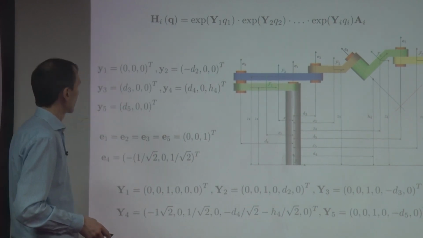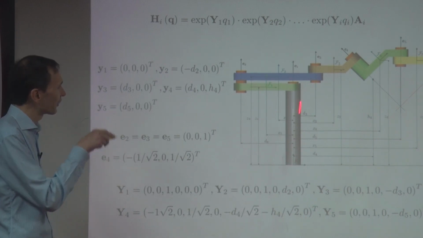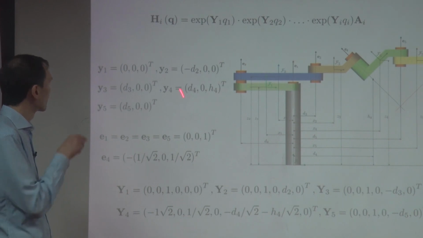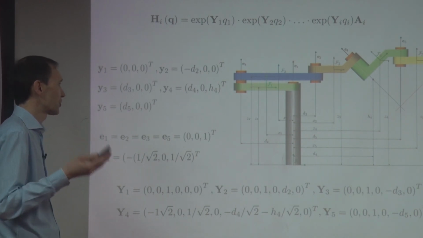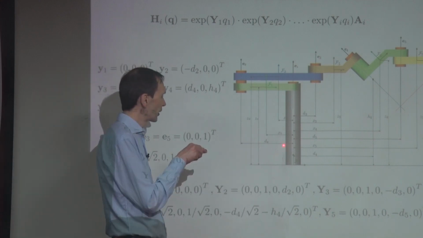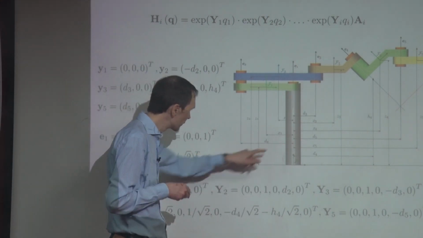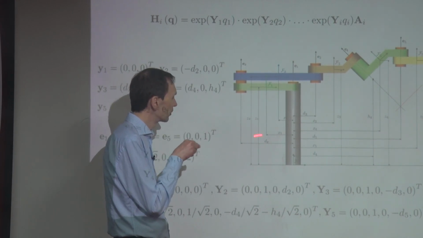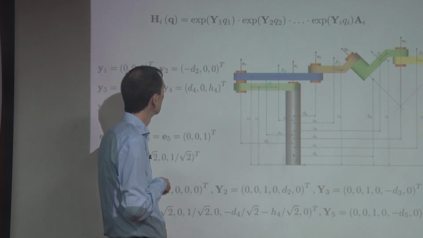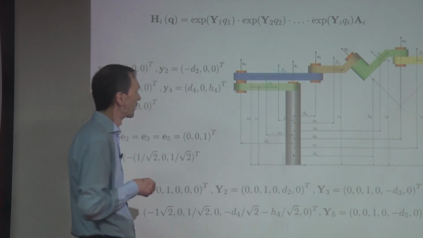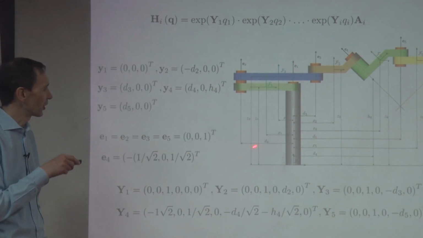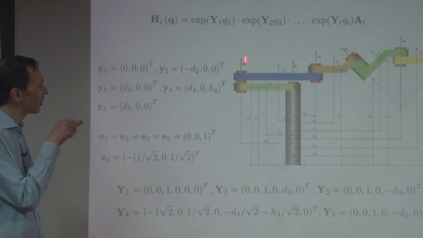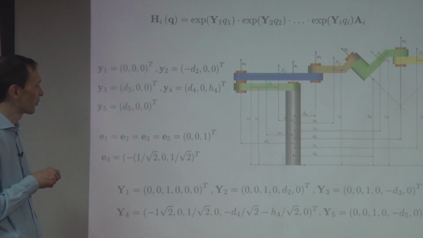What else do you need? You need the position vectors. The y1 is easy because the first axis is actually passing through the origin of the frame. The second one is what you have to measure. The x component is minus d2, then you go upward, 0. So I take the point actually at this height. You can go upward, but it doesn't make a difference to the screw coordinates.